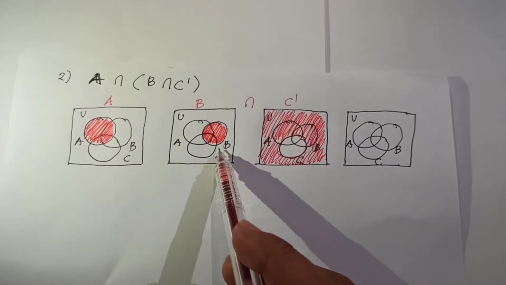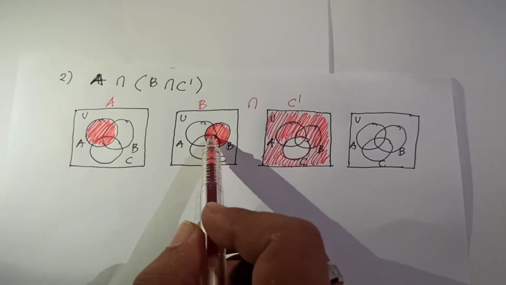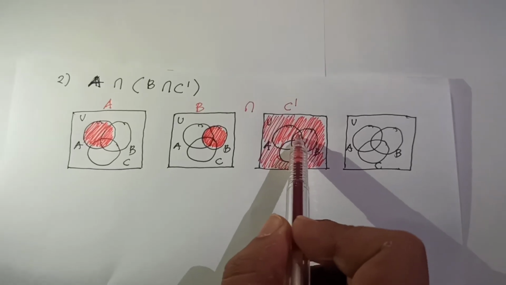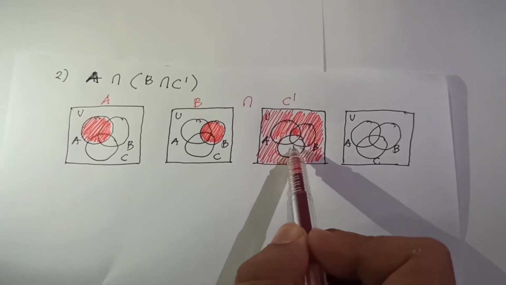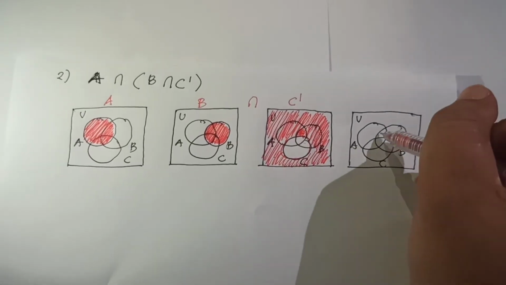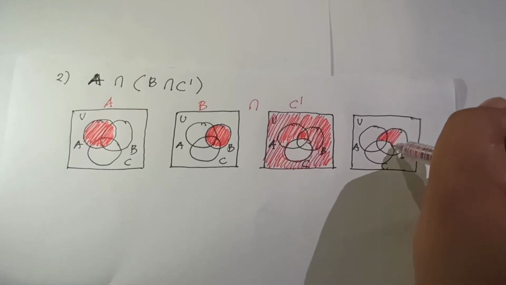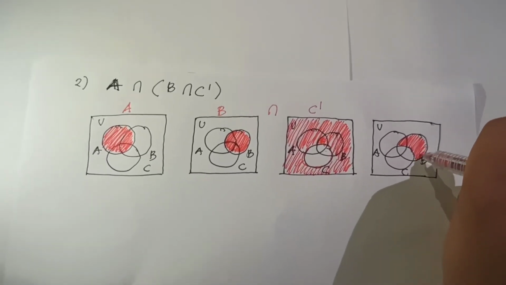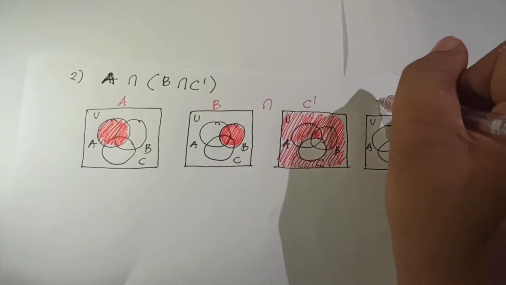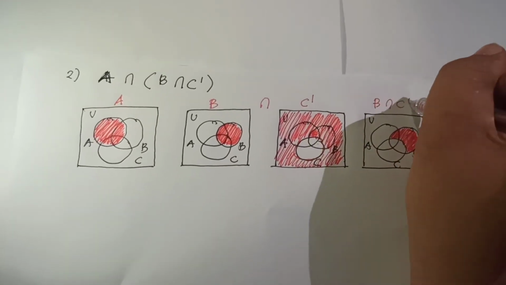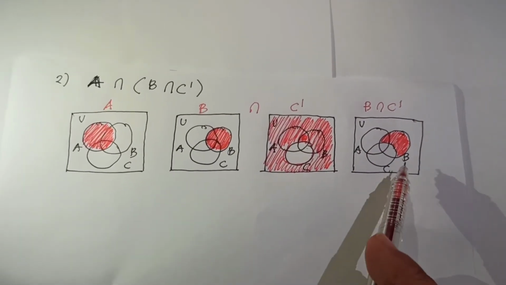So, try to look at ano po ang nag-intersect. So, this is the shaded part, but not included here. So, therefore, the shaded part is this. So, this is the result of B intersection of C prime.